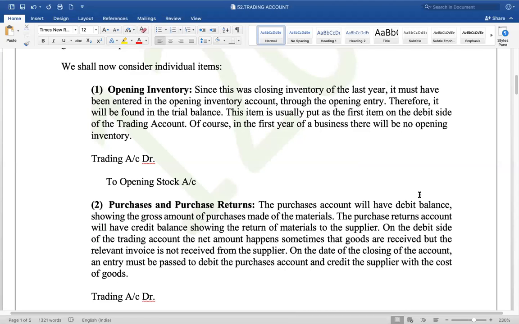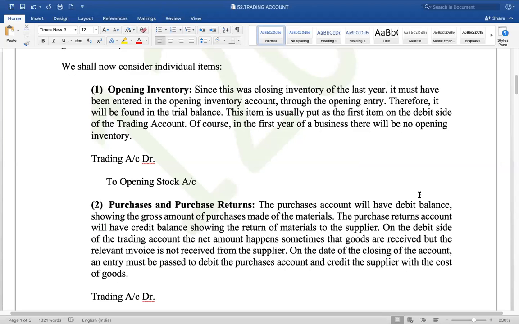If it is a trading organization, there is only one type of item, that is finished goods inventory or stock. But if it is a manufacturing organization, this inventory or stock is divided into three: raw material, number one; work in progress, number two; and finished stock, number three. These three are the types of inventory.